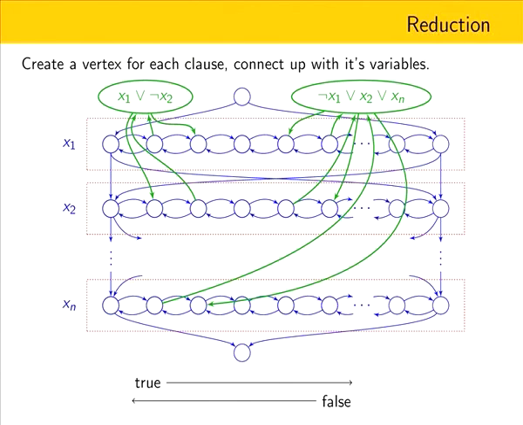So this is 5, 6, and 7. And then we should also be able to start out here.